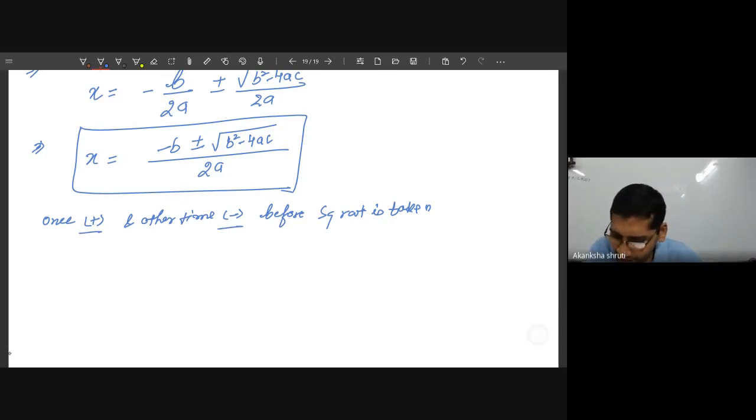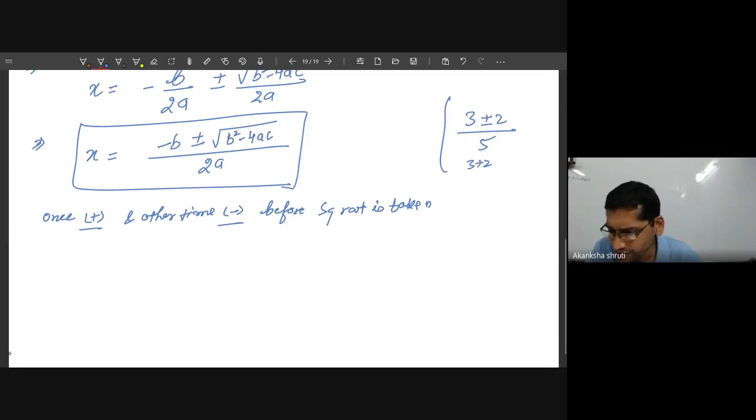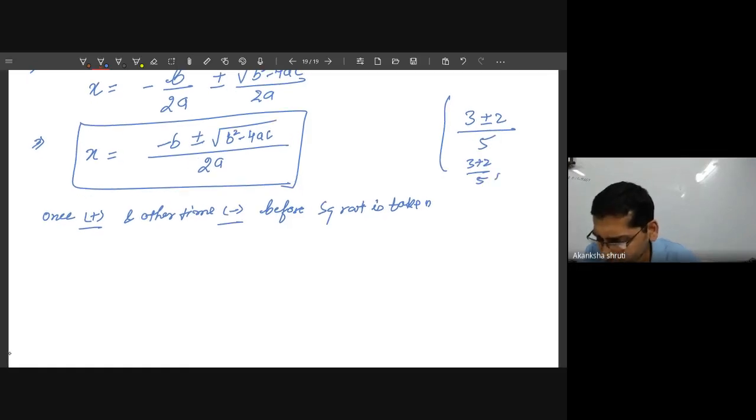For example, if you have 3 plus minus 2 whole divided by 5, what will you get? Once you take the plus, 3 plus 2 by 5, and another time 3 minus 2 by 5. Ultimately it is 5 by 5 or 1, and 1 by 5. So this way we are getting two values.